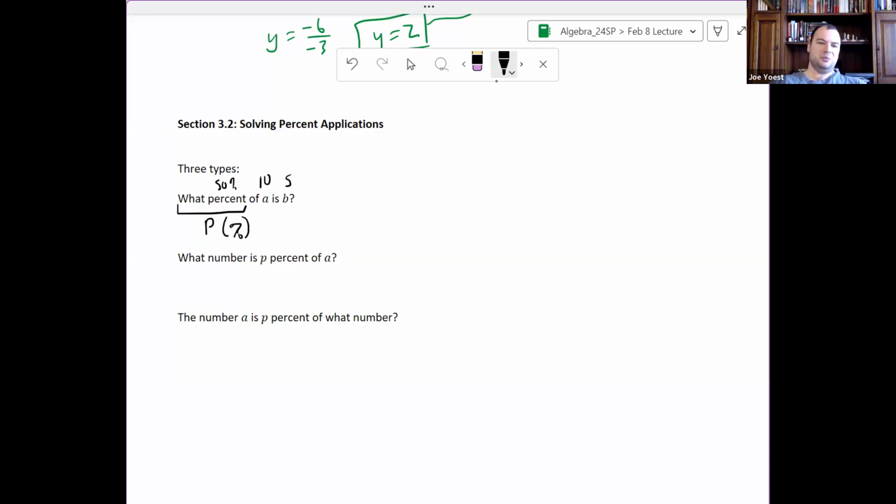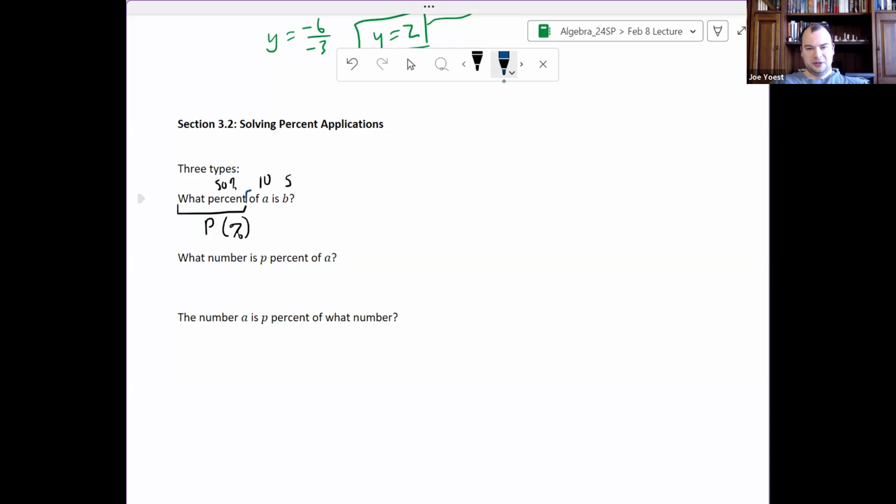Well, I notice that 50% times 10, or 0.5 times 10, does equal 5. So I can go from a general question down to a specific case to help me get a bite on the problem, to get started.